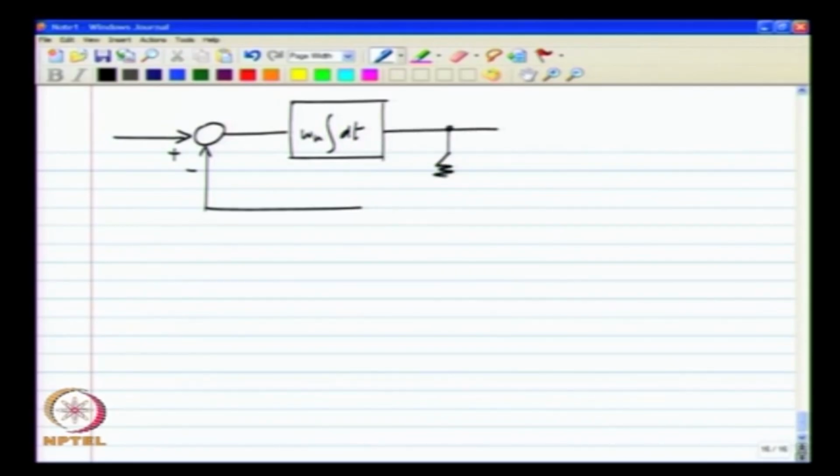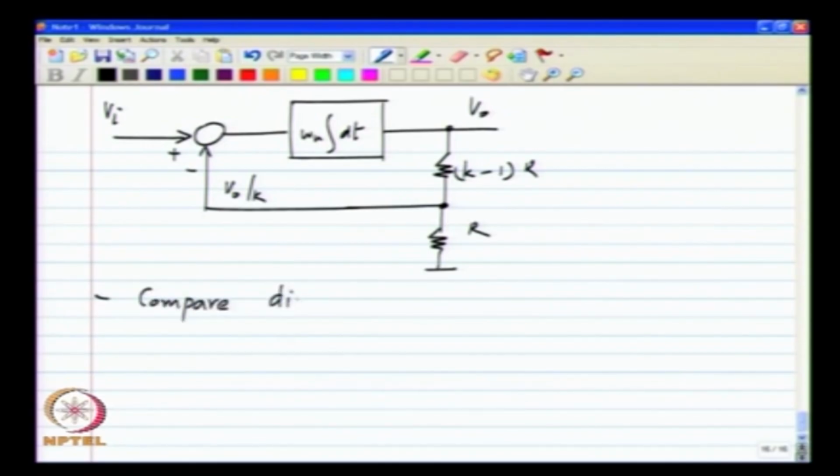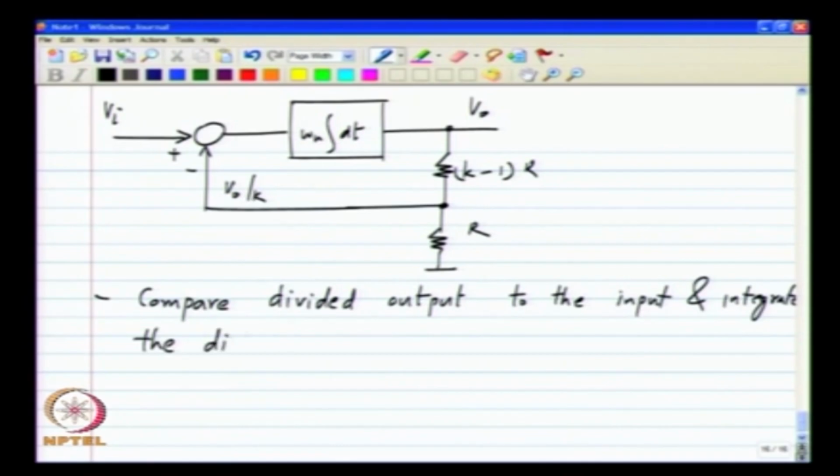And the way to do that is to compare the divided output to the input and integrate the difference to drive the output.